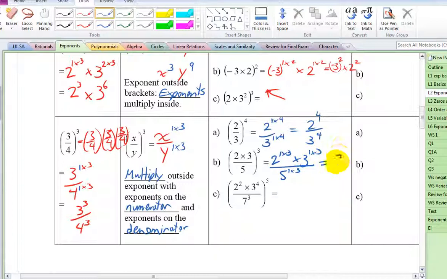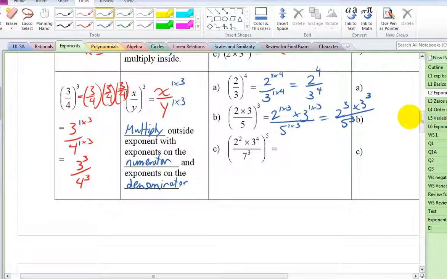So it's going to be 2 cubed times 3 cubed over 5 cubed. And last one, work on the last one, please.